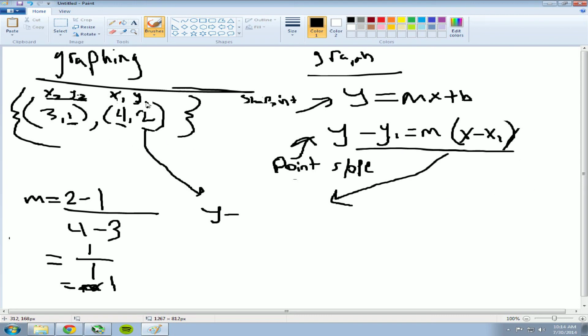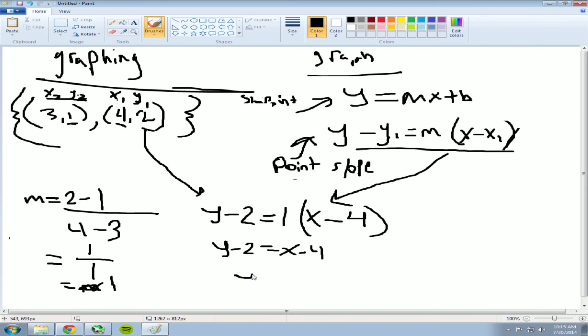I'm going to pick y1, which is this 2, equals the slope 1 times x minus x1, which is 4. I could do the same thing with the other point. It doesn't matter. So you get y minus 2 equals x minus 4. So y equals x minus 4 plus 2. These cancel, and you get x minus 2.